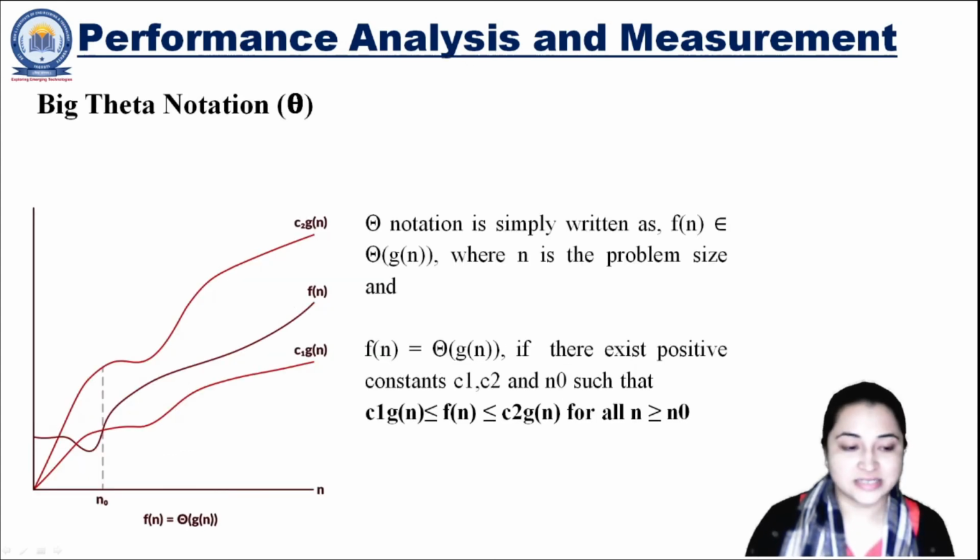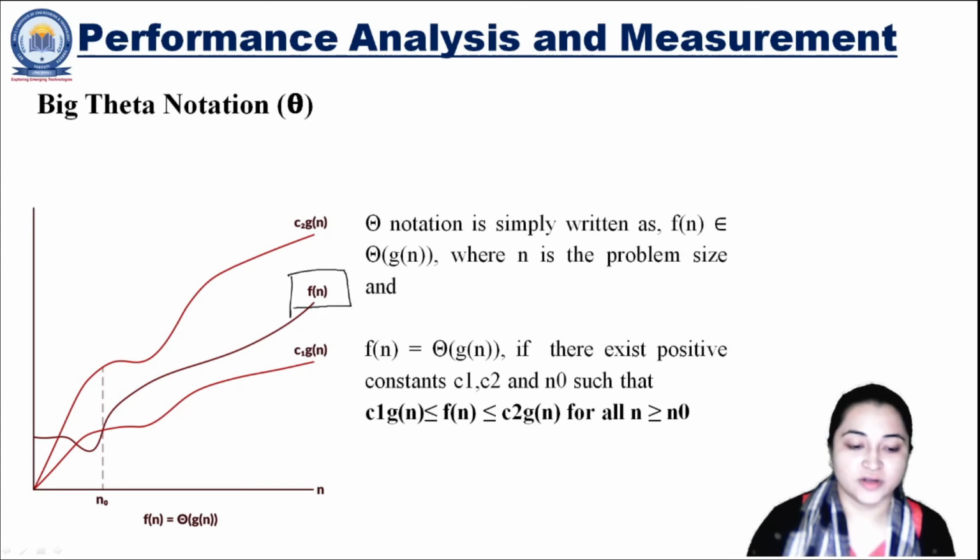Let us now see big theta notation. So theta notation is simply written as f of n belongs to theta of g of n, where n is the problem size. Big theta notation gives exact bound for function f of n. So in this case, function f of n will grow between g of n with some constant c1.